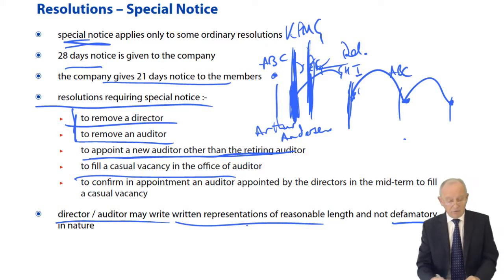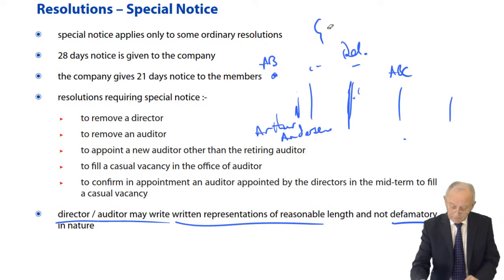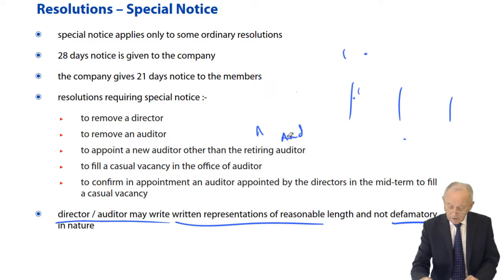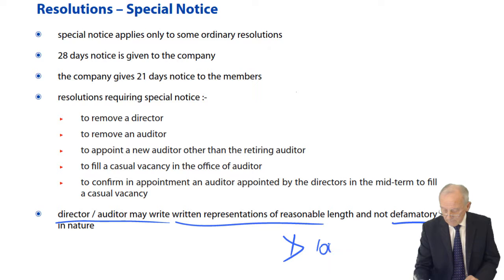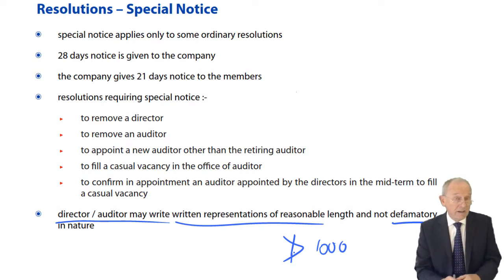The director or auditor may make written representations of reasonable length and not defamatory in nature. Defamatory, I've already explained. Reasonable length, I've not told you though. Reasonable length is not more than 1,000 words. There is an expression in English that says a picture is worth 1,000 words. Imagine 1,000 words.